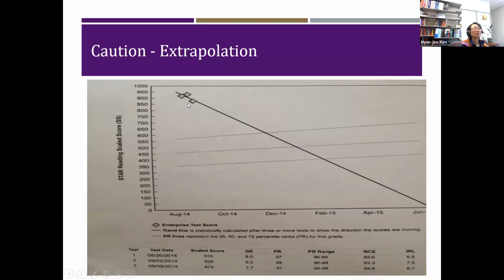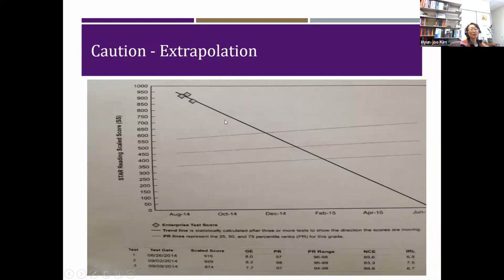This particular student already has a pretty high reading ability at the beginning of the fourth grade year. This only came in sometime in September. With these three tests, they made a linear regression line based on the three data points and extrapolated, guessing what's going to happen.